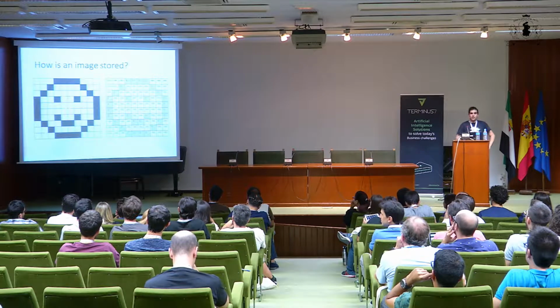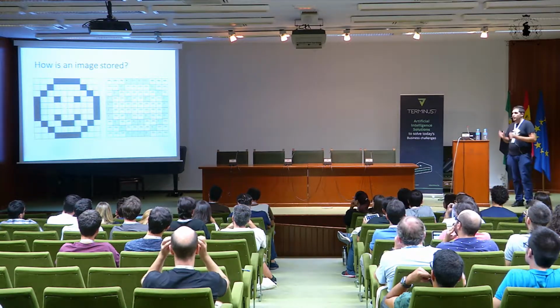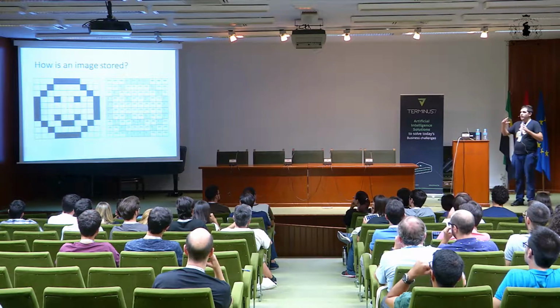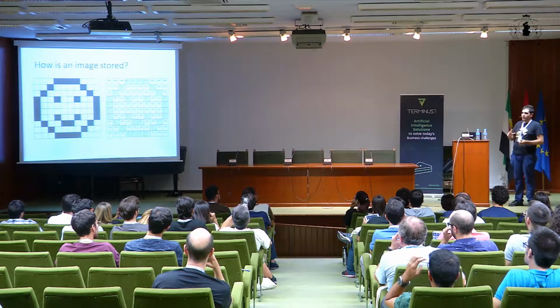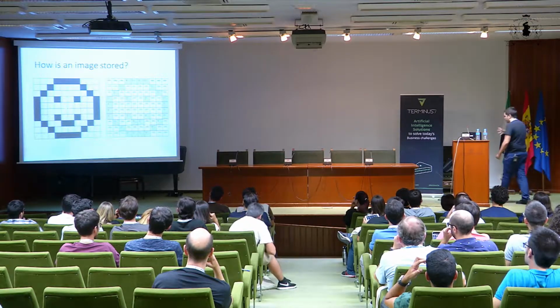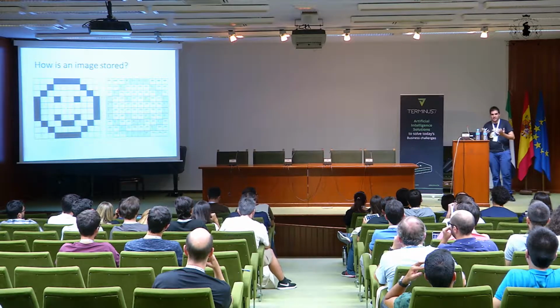So, let's start at the beginning. What is an image inside a computer? I had 350 images in JPG files in my computer that I had to correct. So what is an image in itself?